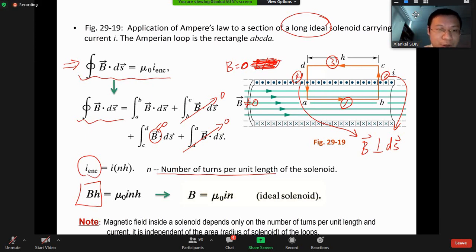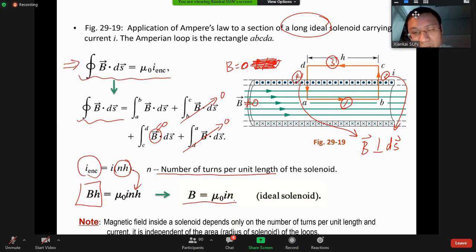So n times h is the total number of turns that is enclosed by this Amperian loop. All right? So actually you find out h and h cancel out on the two sides.